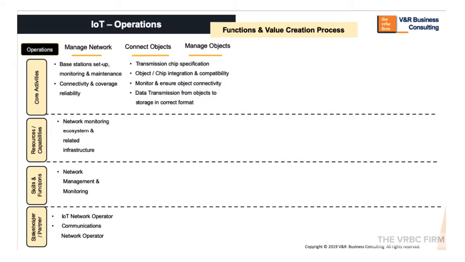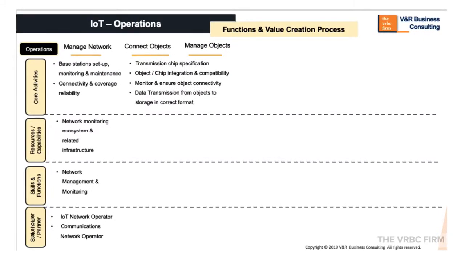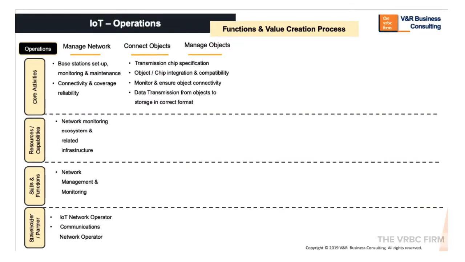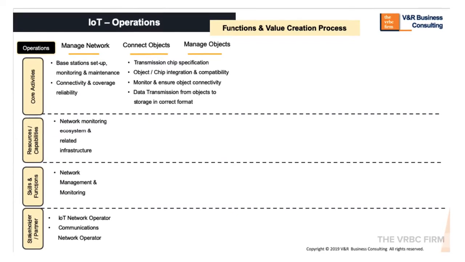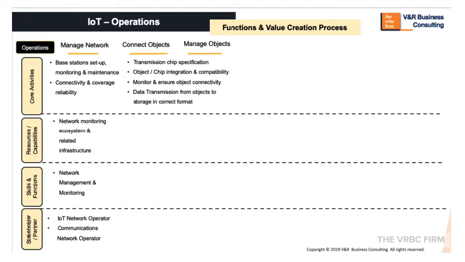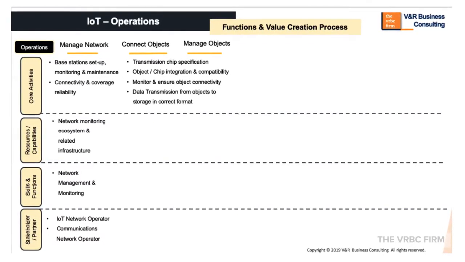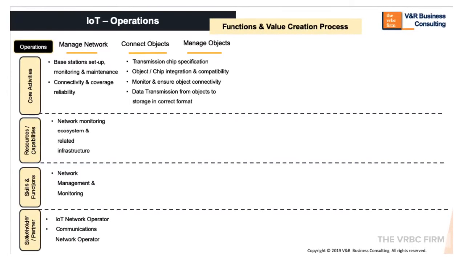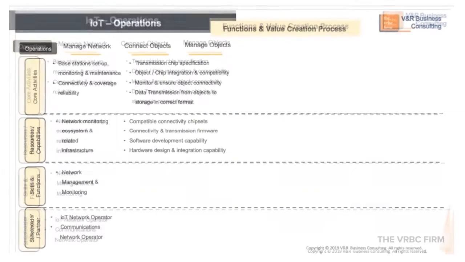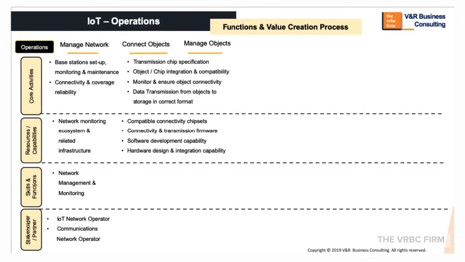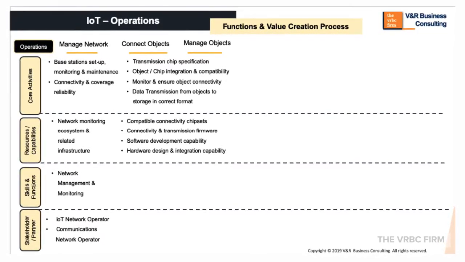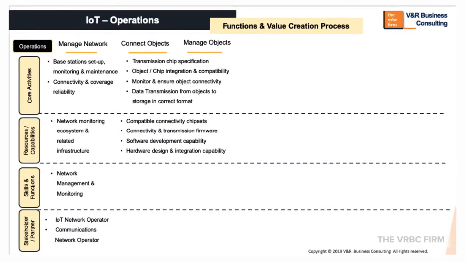The connection of objects to the network is an exercise that typically happens when a new set of objects from a new client are onboarded onto the network. There's a whole design process that needs to happen to map out what is required for the objects to be able to transmit to the network.